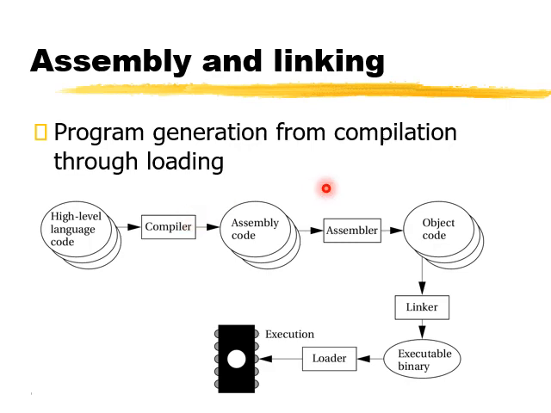All this process is often hidden from us by the compilation command. So we do not see the assembly code, assembler, object code, linker. All this is hidden from us, and it is all done by the compiler.